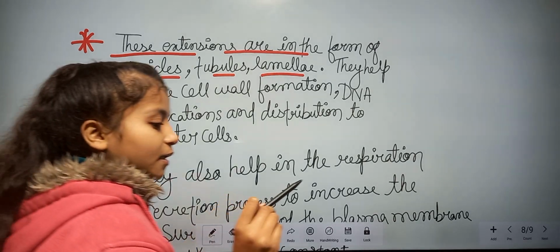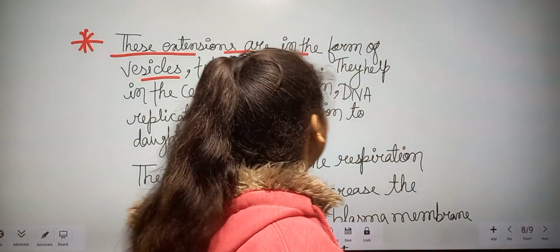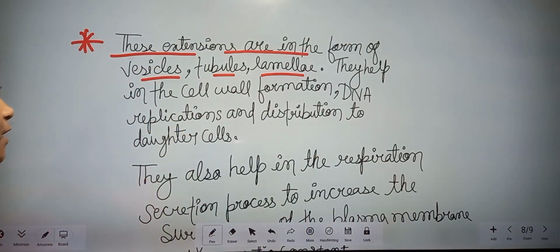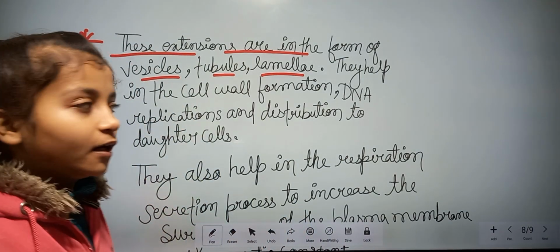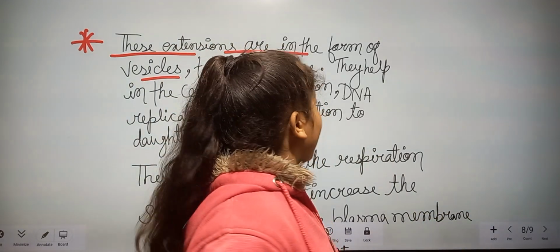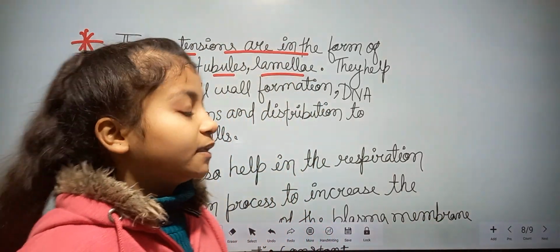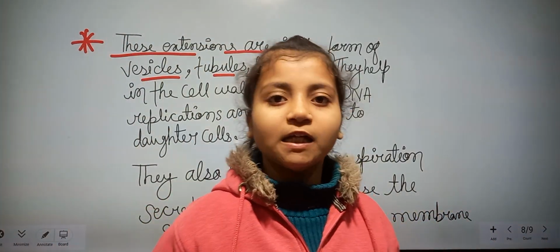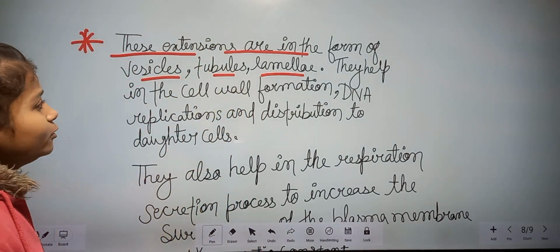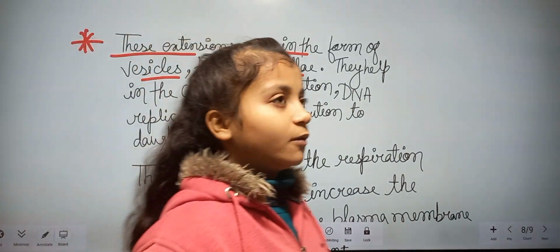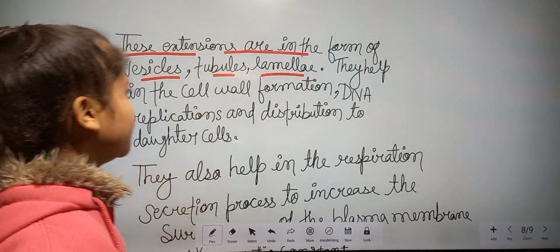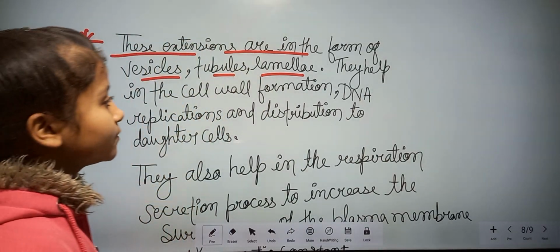It means the extension of the plasma membrane in the form of lamellae, tubules, and vesicles. We will study them in the ER and in the lamellae, in plastids. And tubules also come in the ER, the endoplasmic reticulum.